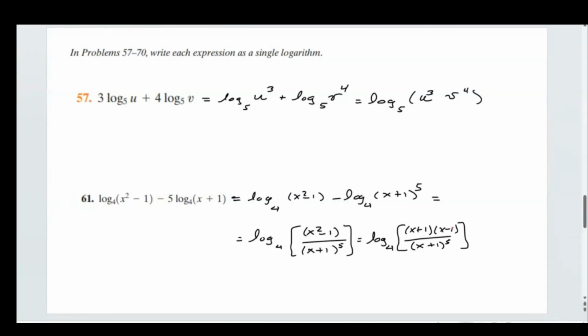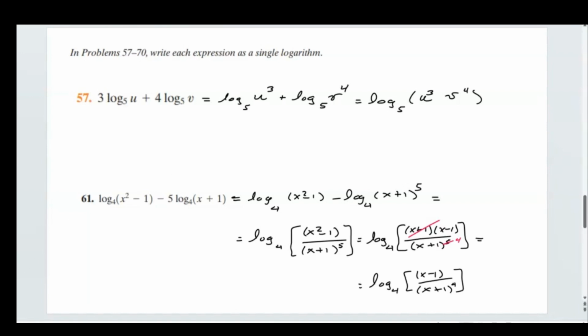Now, I will simplify this x plus 1 with one of the x plus 1 below, and we get the logarithm in base 4 of x minus 1 over x plus 1 to the fourth. And there we go. Our single logarithm expression.